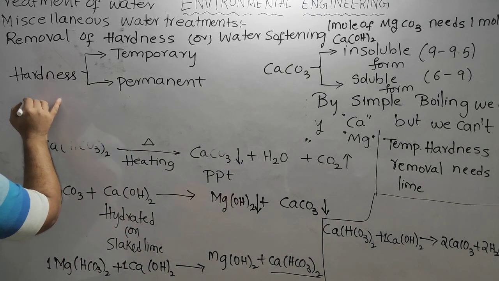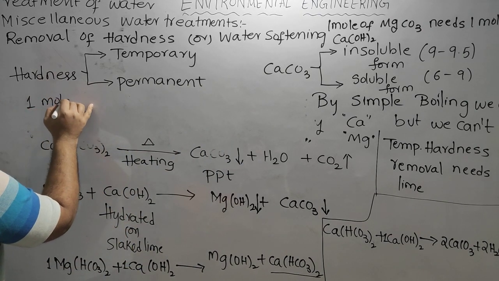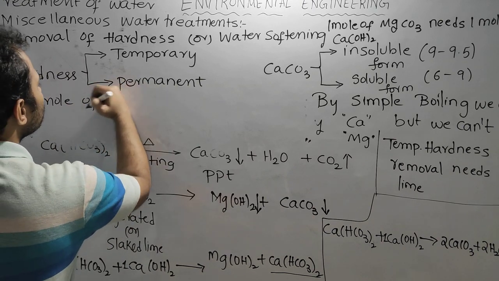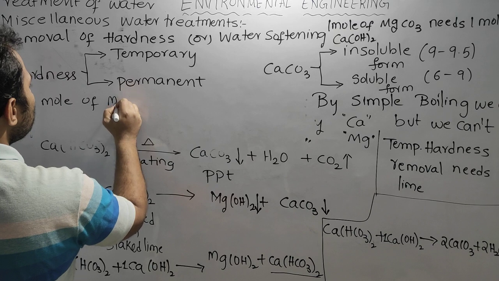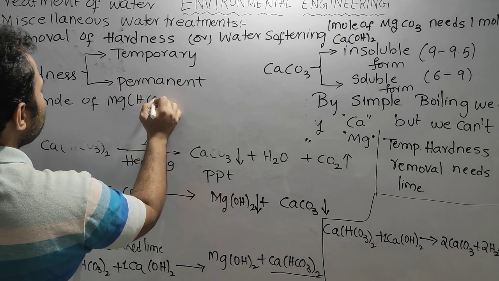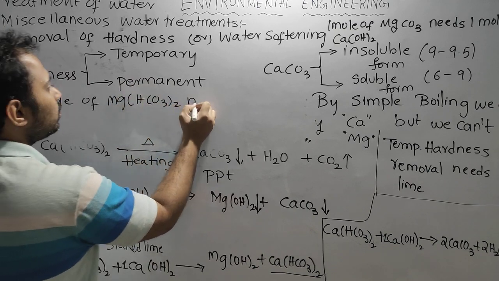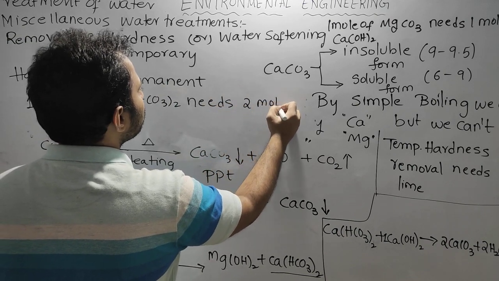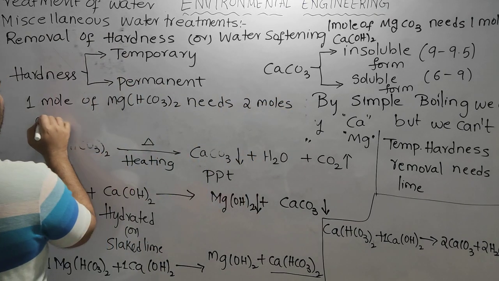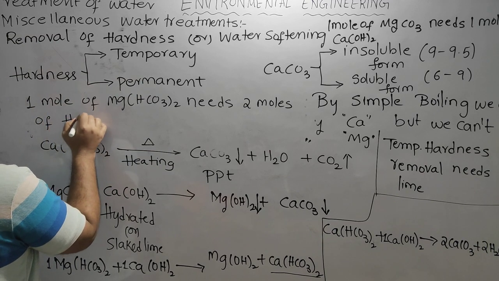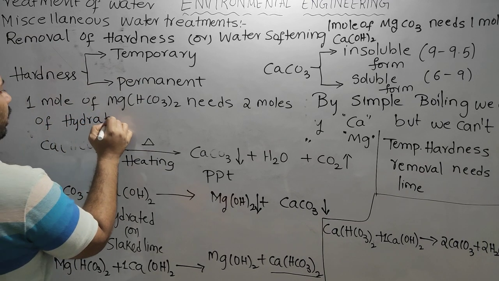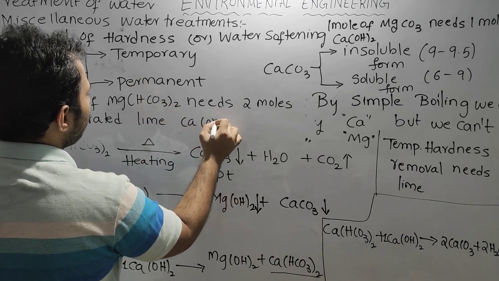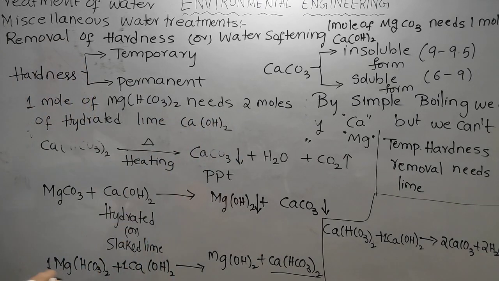One mole of Mg(HCO3)2 needs, very important, 2 moles of hydrated lime, that is Ca(OH)2.